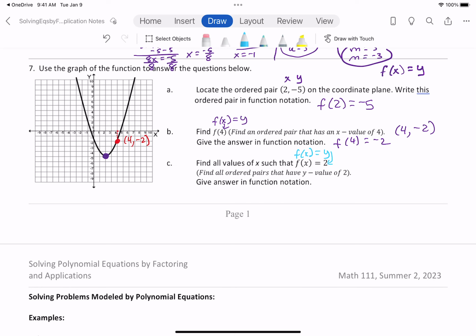So what's different about this one is you have to remember, if we're looking for x given a y, that most of the time there's going to be more than one, because y = 2 is actually a horizontal line.